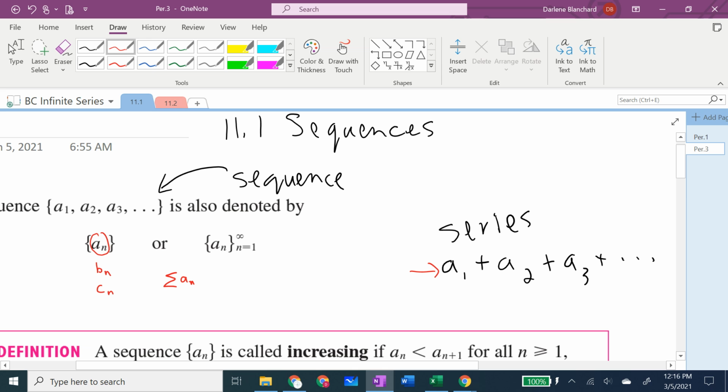But you need to understand when these are being used, it's referring to the formula of the individual terms of the series.